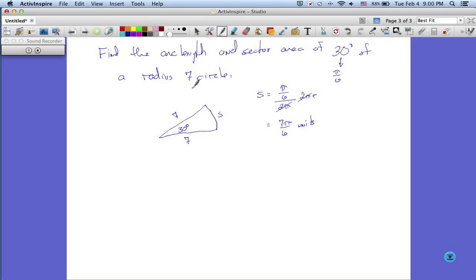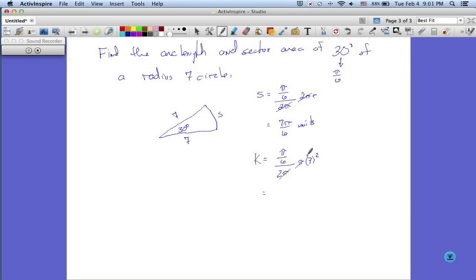Radius 7 whatevers. My area of the sector here, that phone call is still bugging me. The area of the sector, I still have pi over 6, right? 30 degrees out of 2 pi times pi r squared. I'll put the r in this time, 7 squared.